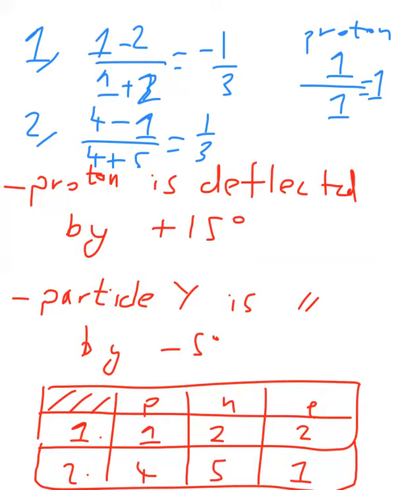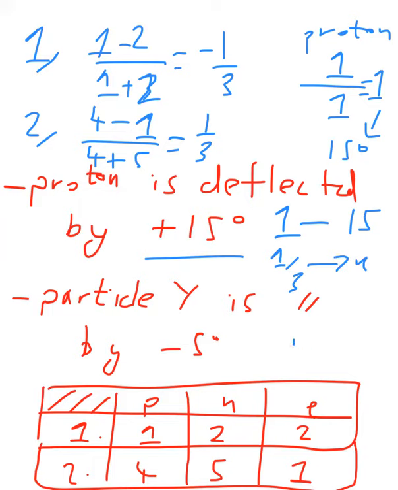Now 1 represents 15 degrees, as we were given in the question that the proton was deflected by 15 degrees. So 1 is for 15. Now first taking particle 2. Particle 2 is 1 upon 3. So 1 upon 3 will represent x. Now if we find x, x will be equal to plus 5 degrees.